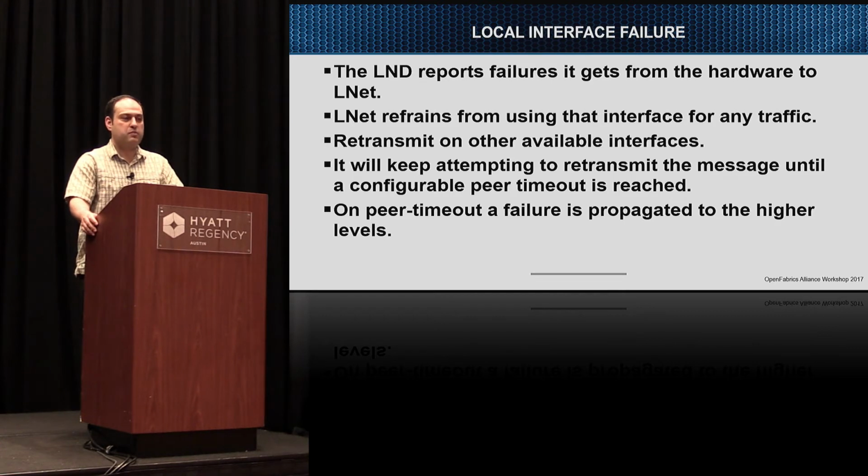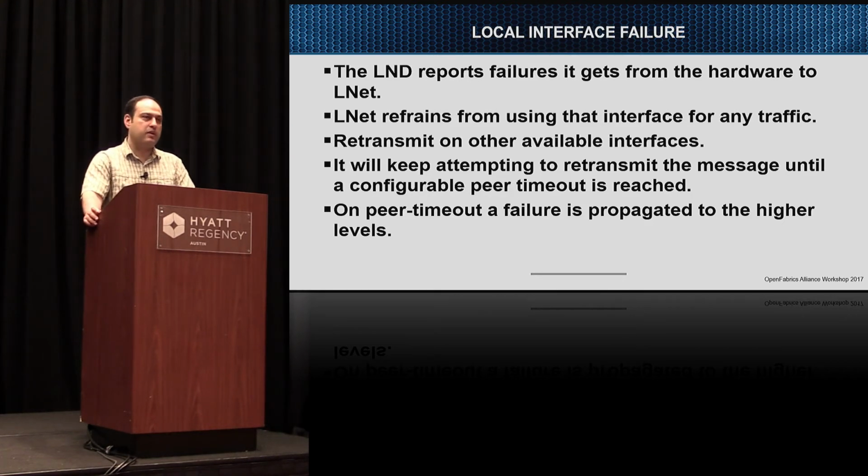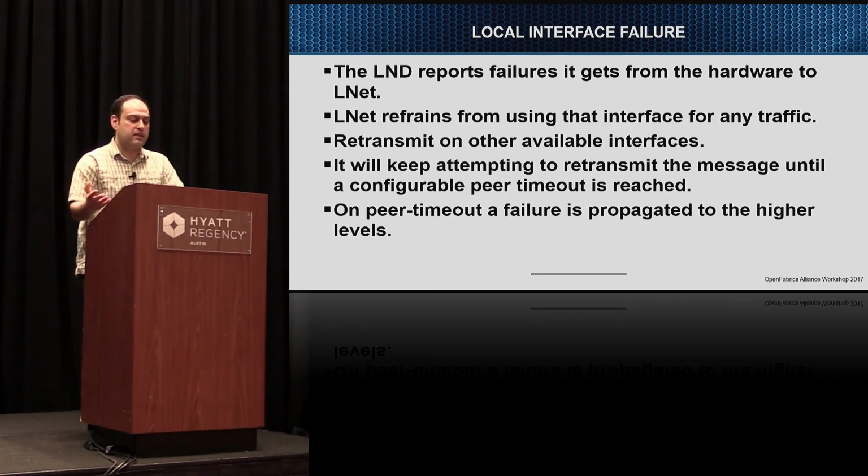For example, there are specific messages if the adapter gets unplugged or there's a catastrophic failure with it. Those events get propagated to the LND, then up to LNET, and LNET can then just not use that interface anymore for traffic.